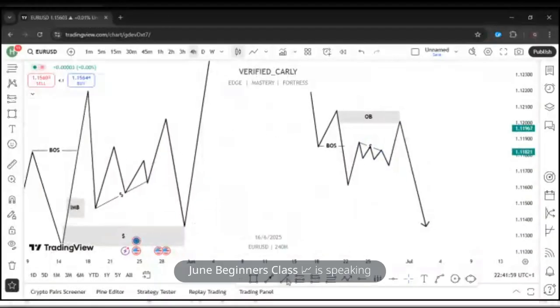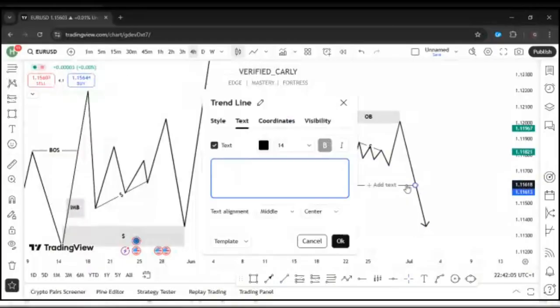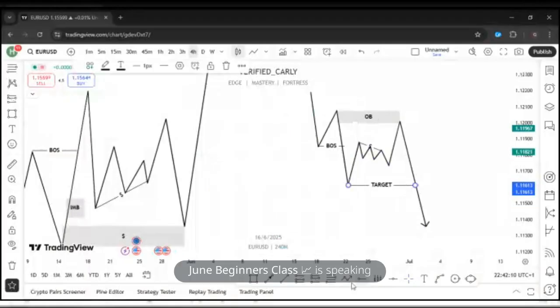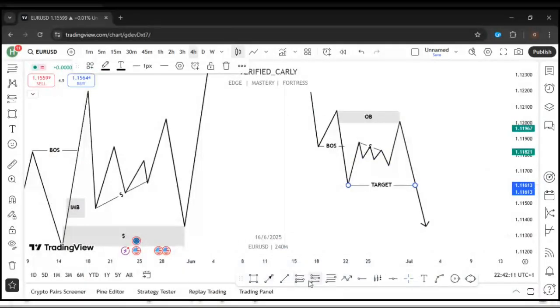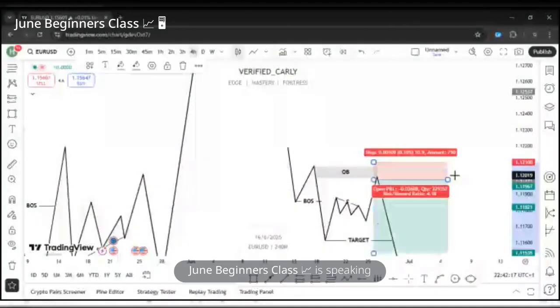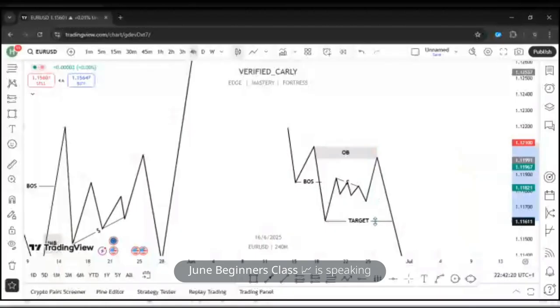Then this is the structure that price has broken. And this is our target for the TP. What's your target? Then you might enter here. You are seeing it, right?